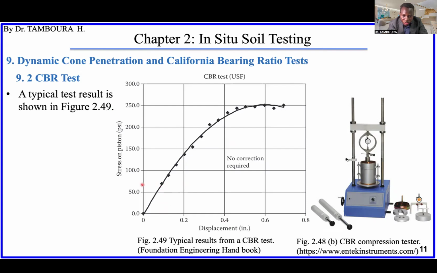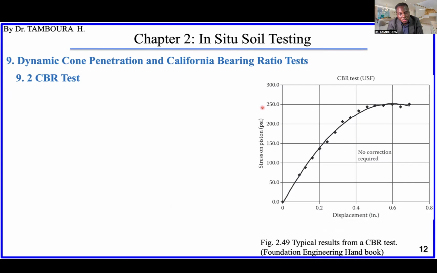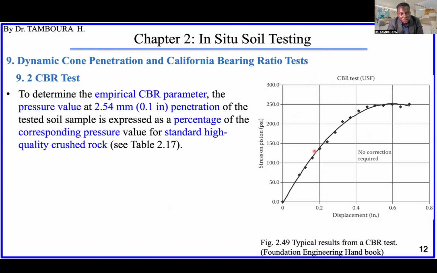We measure the corresponding pressure. Then 0.1 again, because 0.1 plus 0.1 will be 0.2, the corresponding pressure, and so on. So this is the curve we are obtaining. It looks like the bearing capacity curve, the load settlement curve for a pile loading test, for those who know what I'm talking about. Let's keep the curve here, the result here.